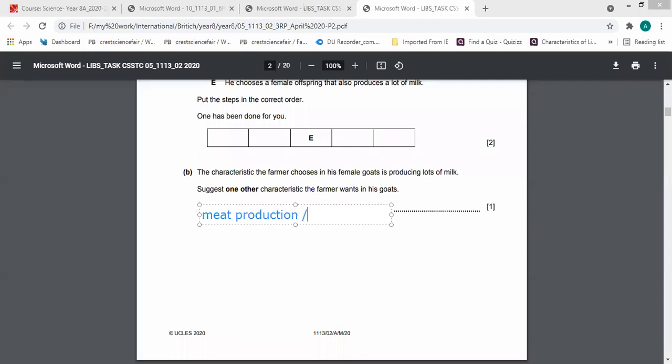We can write free of diseases. And we can also write size. All of these characteristics are right. Okay. Finished? Yes. Okay.